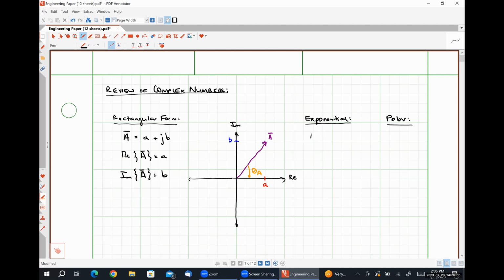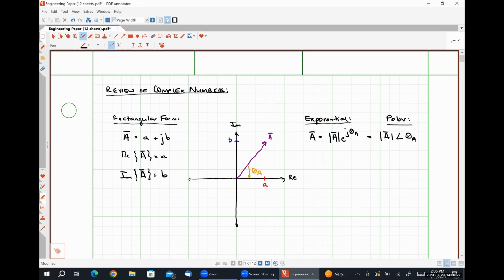Our exponential representation of complex number A would be the magnitude of A, so that's the length of it, e to the j theta A, and the magnitude of A angle operator theta A. The magnitudes are the same, the phase angles are the same.